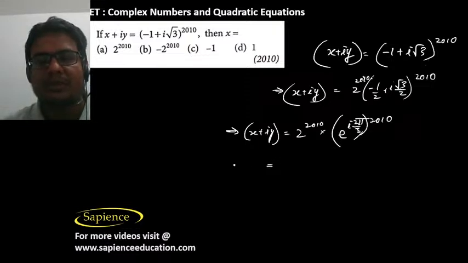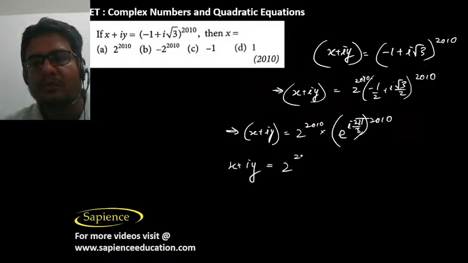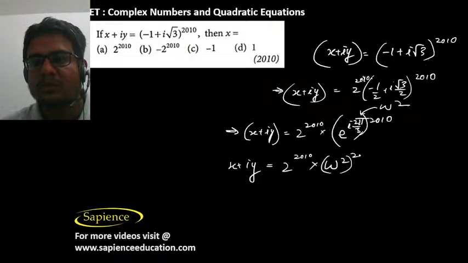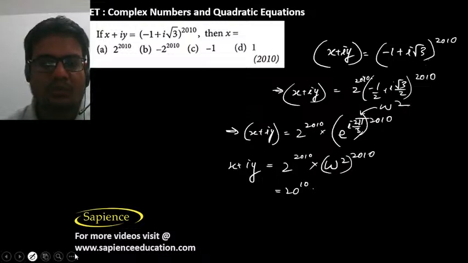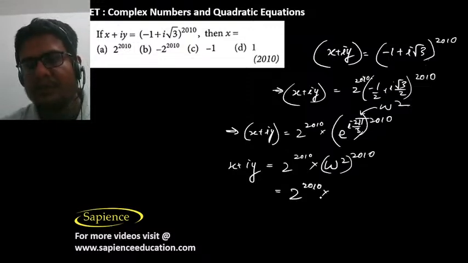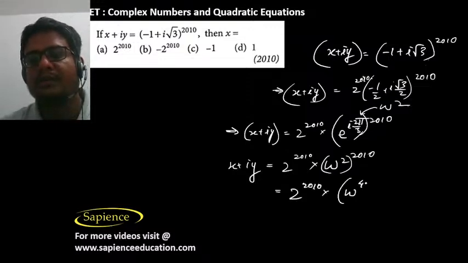So x plus iy is equal to 2 power 2010 into, this is actually omega square, whole power 2010. Sorry, 2 power 2010 into omega power 4020.